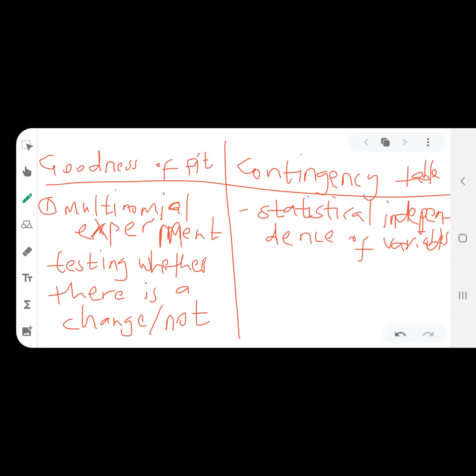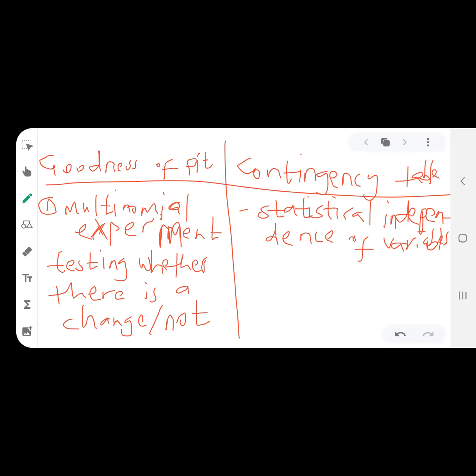With the goodness of fit, we are testing whether there is a change or a difference or not. Under the second technique, the contingency table, we are testing for the statistical independence of variables.